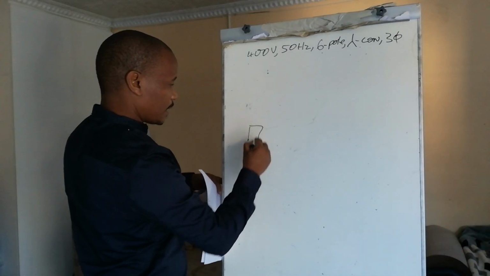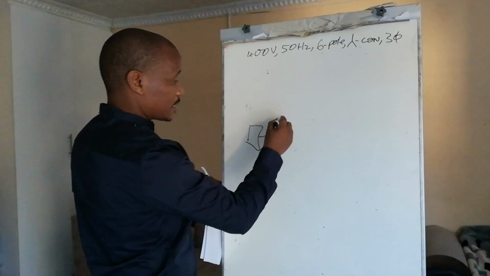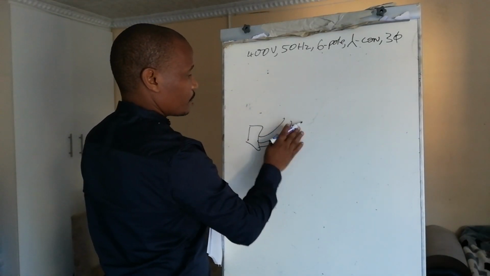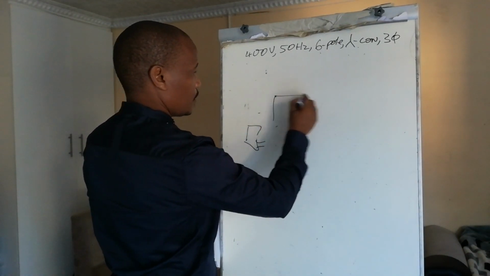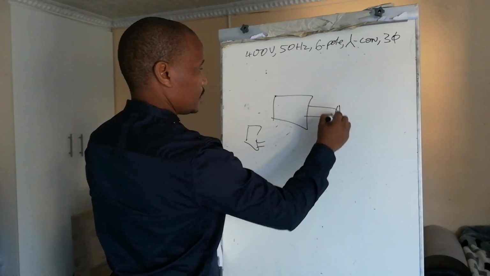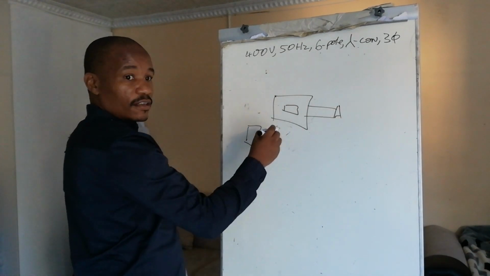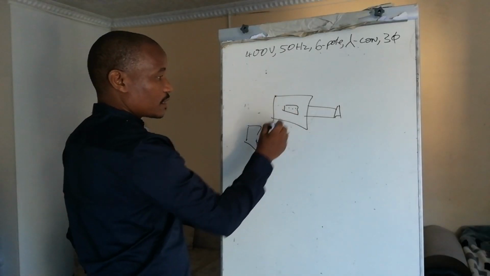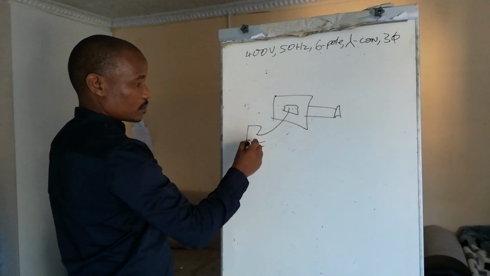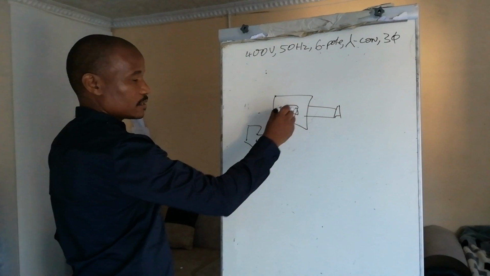because if you've got a galvanic stand, let me do it this way. If you've got a galvanic stand and that galvanic stand feeds a motor with the connector box, it's something like this.